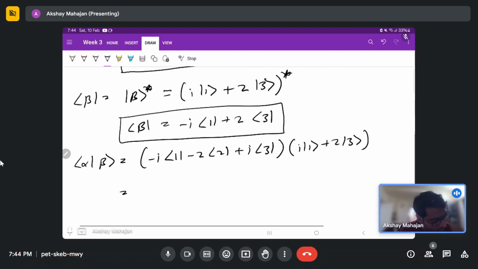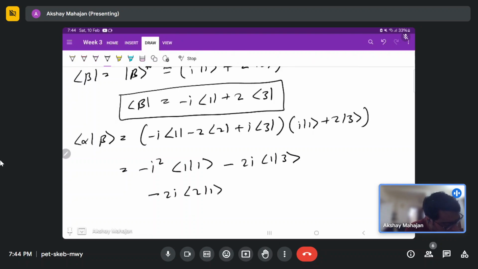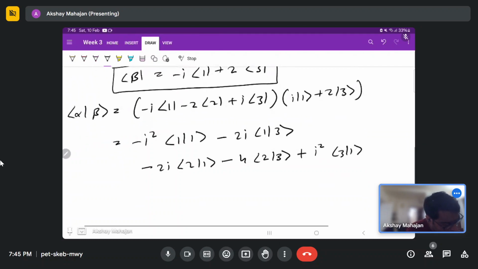So I will take first this and this, so this will be equal to minus iota squared, I write like this, bra 1 ket 1, then minus 2 iota bra 1 ket 3, then we have minus 2 iota bra 2 ket 1, and minus 4 bra 2 ket 3. Alright, and then we have plus iota squared bra 3 ket 1 and plus 2 iota bra 3 ket 3.